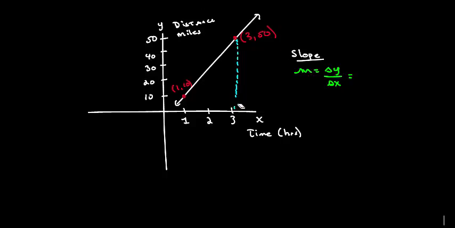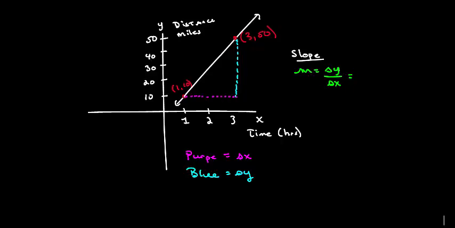So what I want is the change in the y value. Notice that if I make a little triangle like this, the purple line is our change in our x, and the blue line is our change in our y variable.